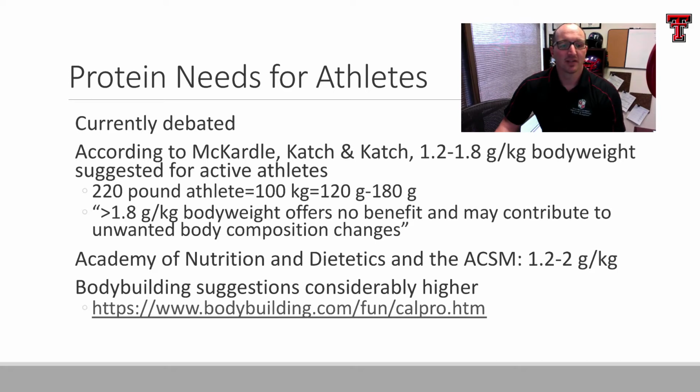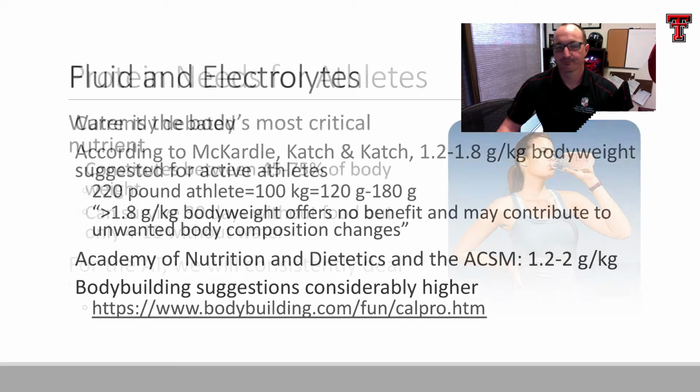McArdle, Katch and Katch would say that anything greater than that 1.8 threshold really doesn't give a benefit, and it may lead to storage of body fat. Whereas bodybuilding suggestions, there's actually a little calculator I've included here. You can plug in your numbers and see that the numbers that it suggests are significantly higher than these guidelines from either the Academy of Nutrition and Dietetics or McArdle, Katch and Katch.